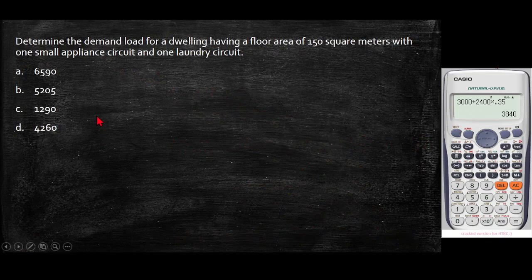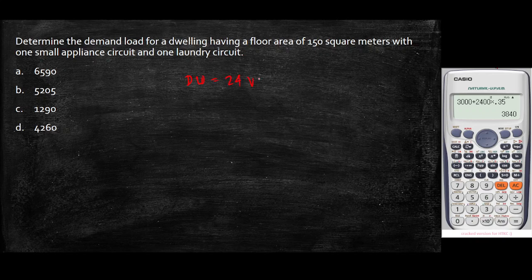Determine the demand load for a dwelling having a floor area of 150 square meters with one small appliance circuit and one laundry circuit. Try to solve this. It is the same, dwelling unit, so the volt ampere per square meter is 24.